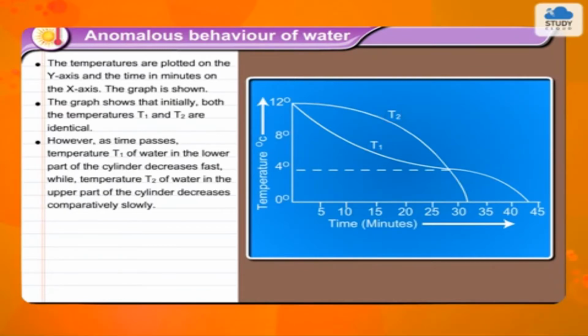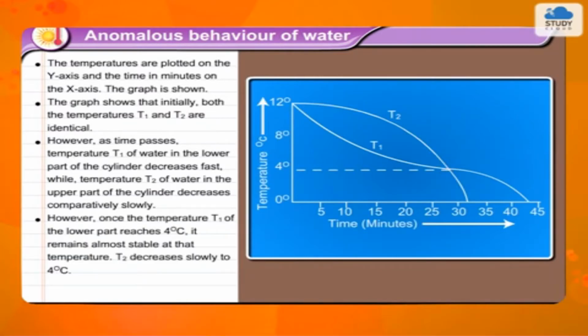However, as time passes, temperature T1 of water in the lower part of the cylinder decreases fast, while temperature T2 of water in the upper part of the cylinder decreases comparatively slowly. However, once the temperature T1 of the lower part reaches 4 degrees Celsius, it remains almost stable at that temperature.